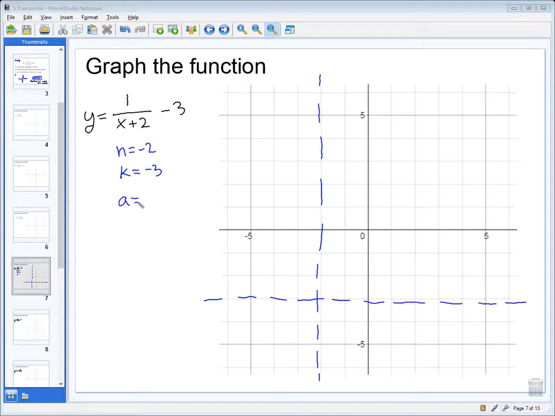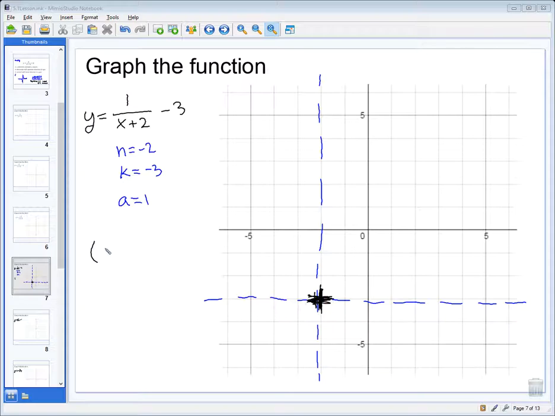Our a value is 1, which means we multiply the key points by 1, or in other words, the key points haven't changed. And we always use this point where our asymptotes cross, which we assume is the new origin.